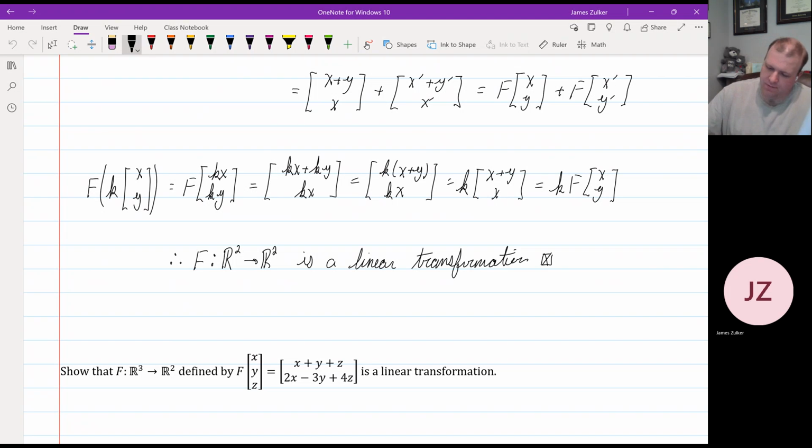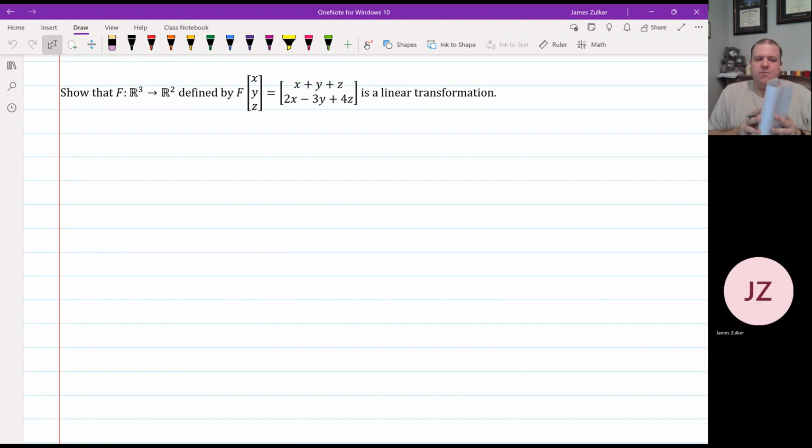So now I want to show that this mapping F from R3 into R2 is a linear transformation. All right, so we're going to need a vector in R3. I'm sorry, two vectors in R3.